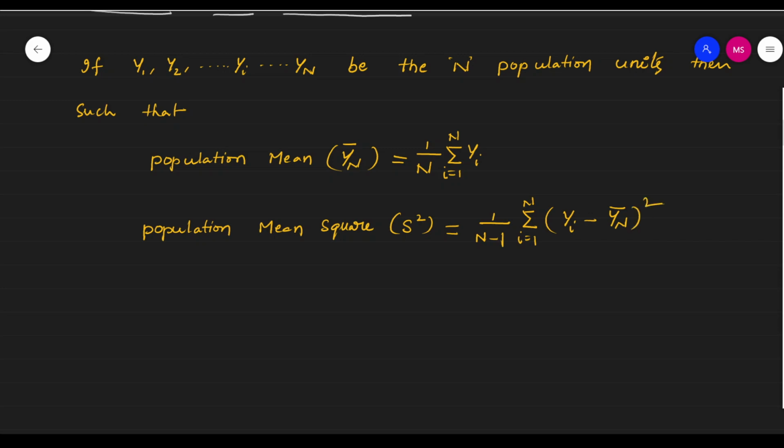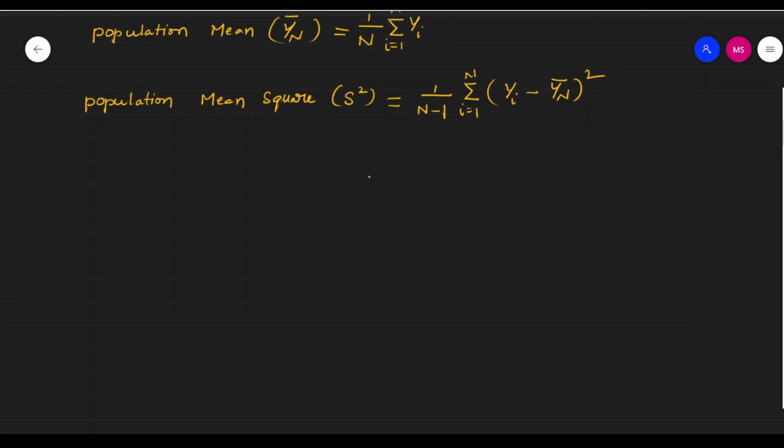This is the population mean square formula. On simplification, expanding a minus b whole square and applying the summation, the final formula is 1 by N minus 1, summation i running from 1 to N, Yi square minus N Y N bar square.